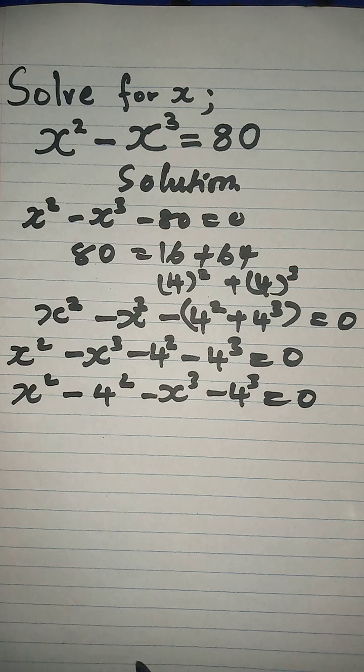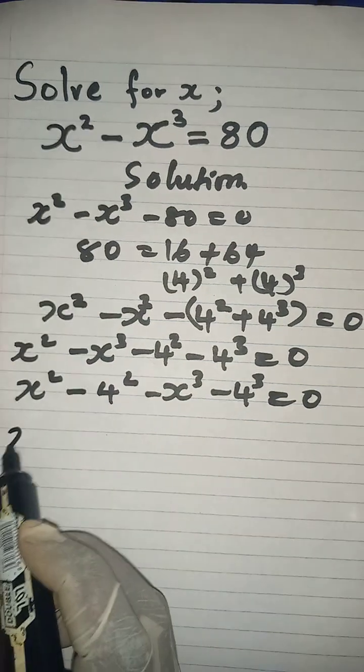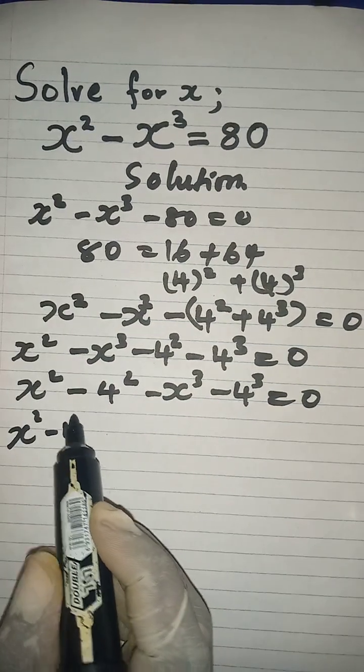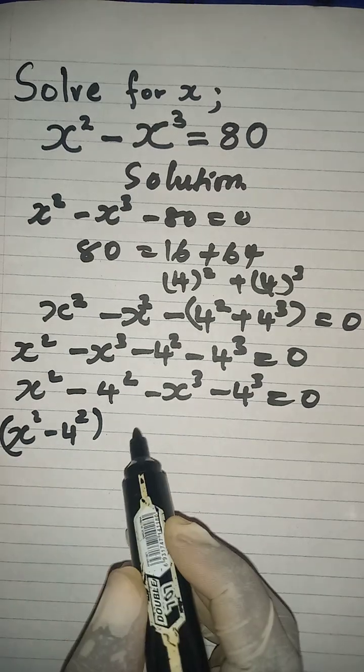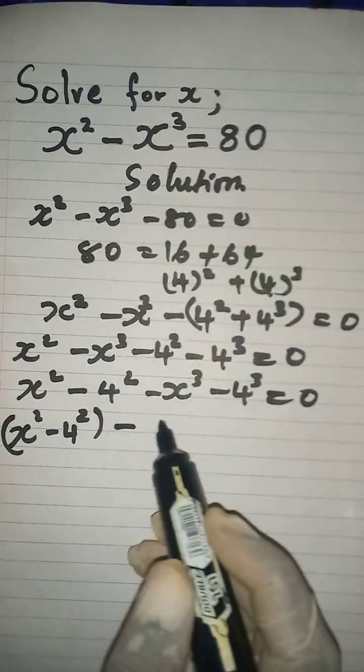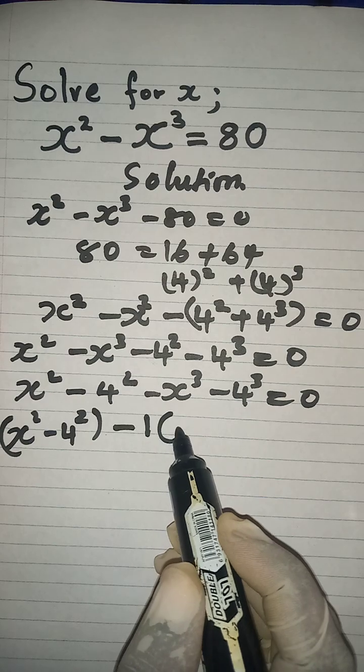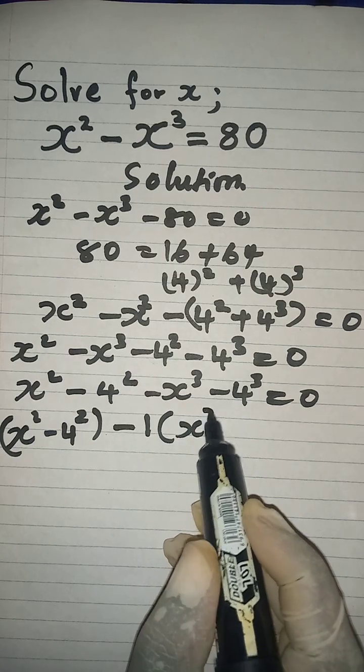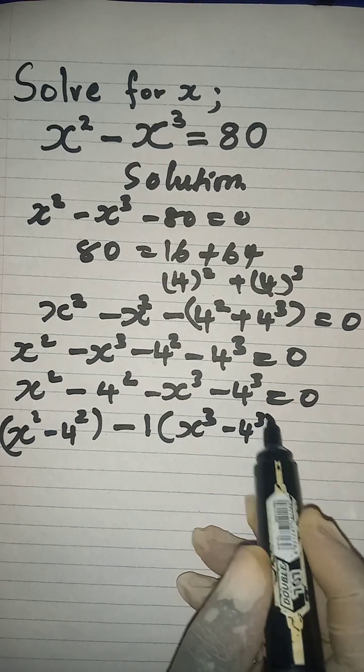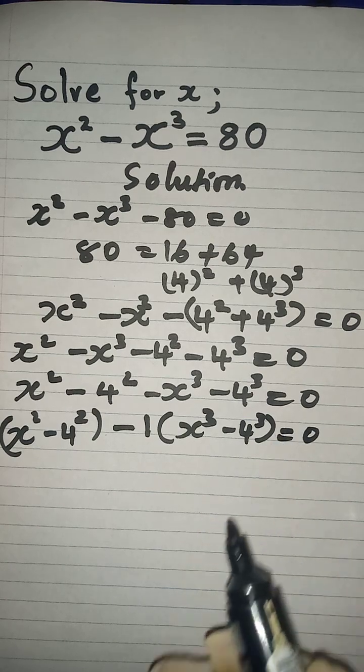Next, I'm going to factor out. So this is x squared minus 4 squared, and then for this, I'm going to factor out negative 1, so that it becomes x cubed minus 4 cubed, of course, equal to 0.